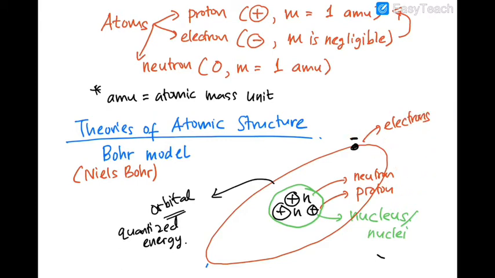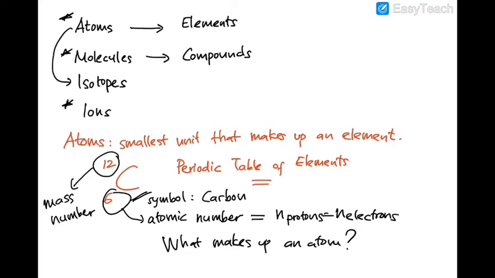Now, an atom is a neutral entity. So an atom overall is neutral, meaning that the number of protons should be equal to the number of electrons. Now, if we take a look at the previous topic, the definition, at carbon here, 6 is the atomic number, which is also the number of protons, and of course, because it's a neutral entity, it's also the number of electrons.